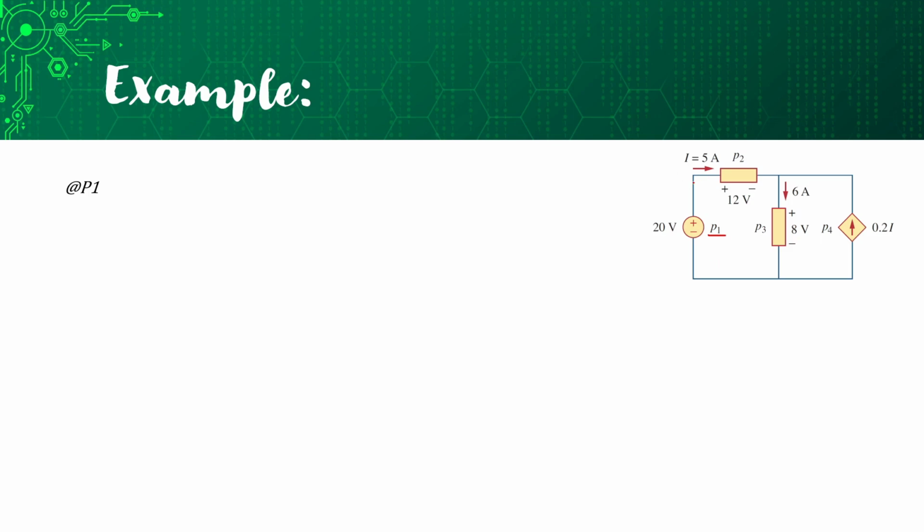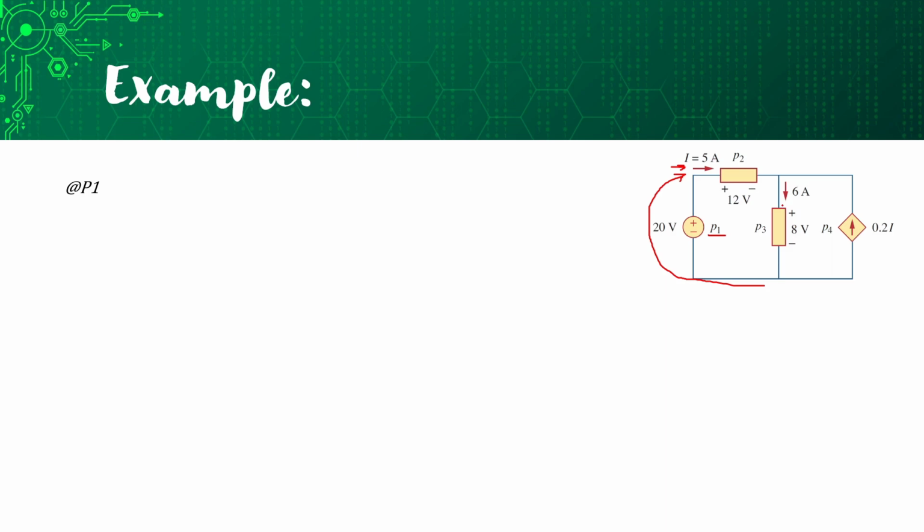We have a current in this line which has 5 amps, with the direction pointed towards the right. So the current is flowing from here in this direction, forming a clockwise direction.